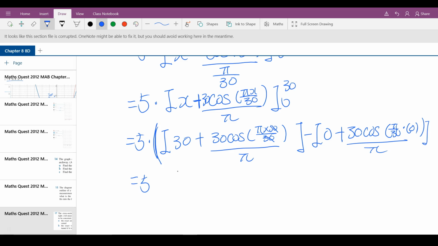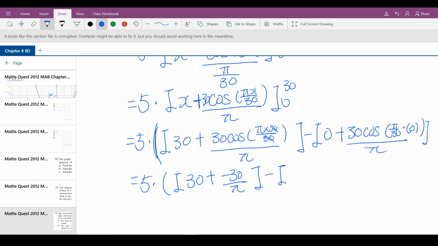So that would give us 30 plus, now cos pi is negative 1. So it's 30 times negative 1, it's negative 30 over pi. Minus, so 0 is just gone, alright? So cos 0 times pi over 30 becomes 0.